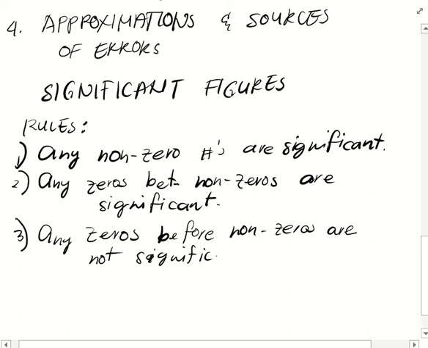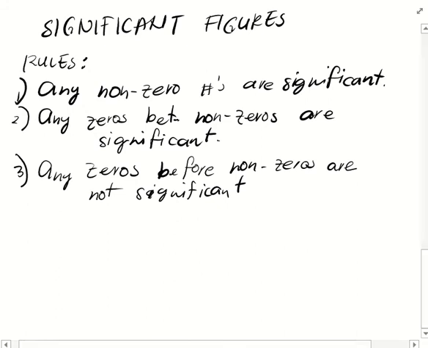So if the zero is before a non-zero number, then we don't consider it as a significant digit, except if there's still another non-zero before that zero, and that will be case number 2, or rule number 2.